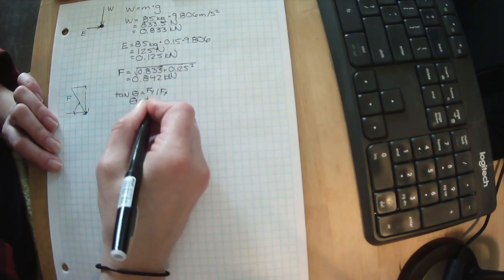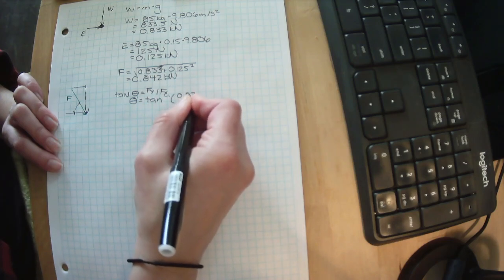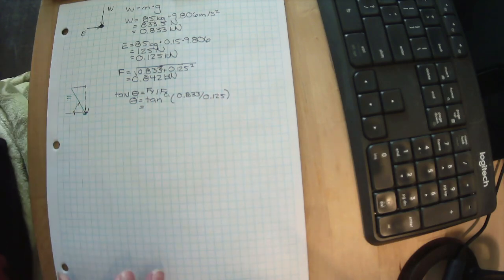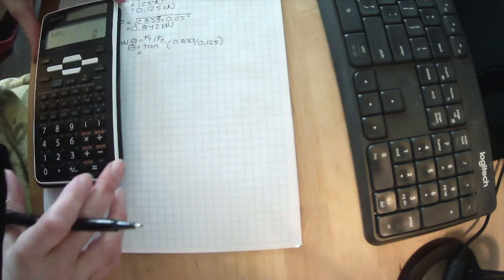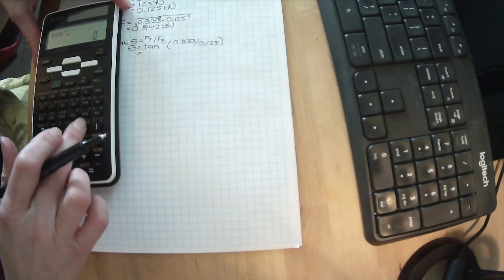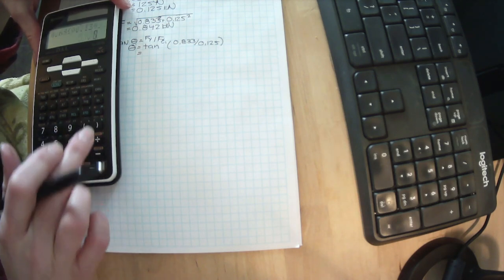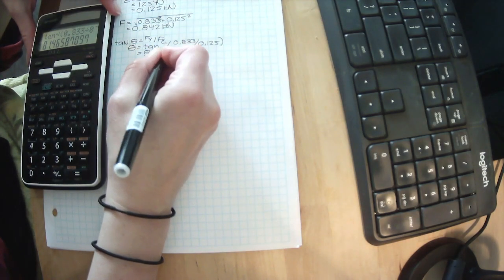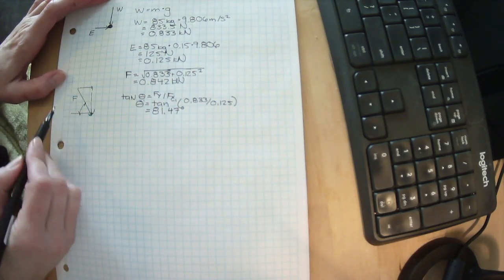So our angle is tan minus 1 of 0.833 divided by 0.125, which gives us 81.47 degrees.